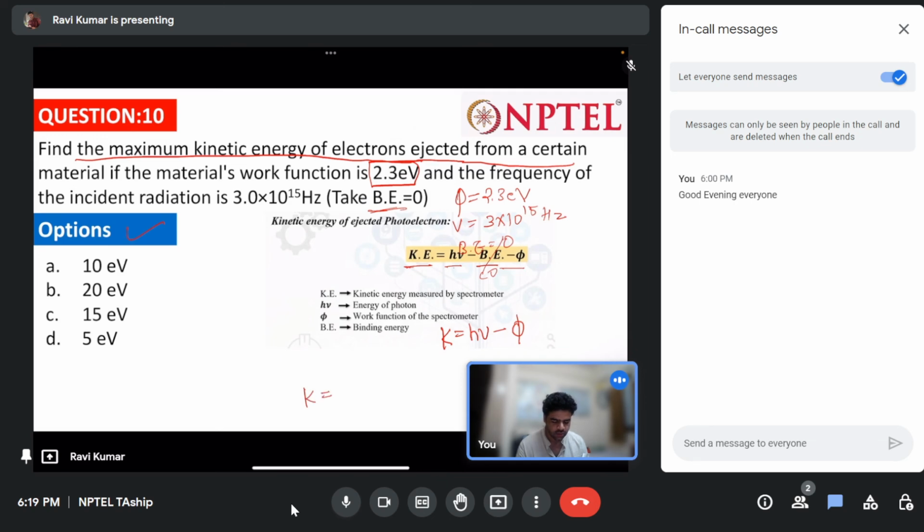K equals h, where the value of h is 6.626 into 10 raised to the power minus 34. Just convert it into electron volt, 1.6 into 10 raised to the power minus 19, electron volt second, into this nu which is given as 3 into 10 raised to the power 15 hertz, minus 2.3 electron volt.